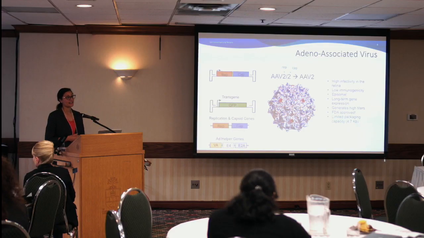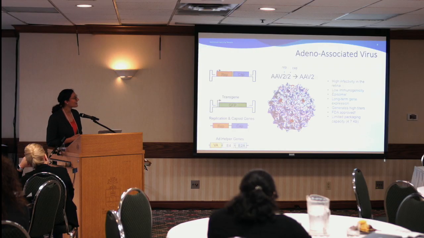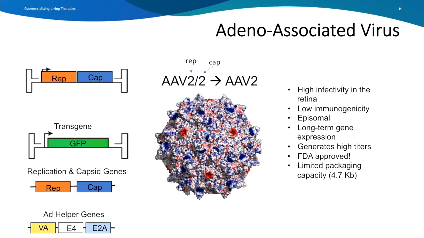As I mentioned, its genome remains episomal, and there is long-term and robust expression over 10 years using these types of capsids. Furthermore, depending on the serotype, again, so this is very specific, you can generate high enough titers for certain tissues, especially if you're treating the eye. There are 2 now that are FDA approved, one for retinitis pigmentosa, the LCA model, in addition to spinal muscular atrophy.